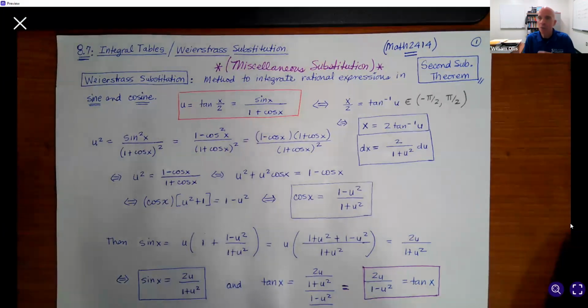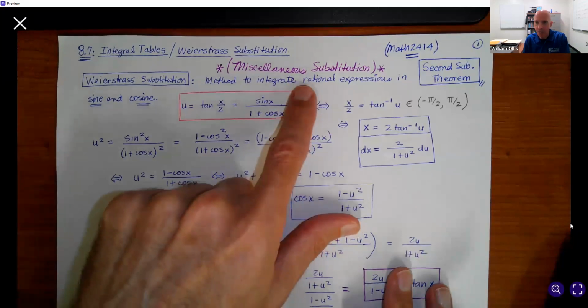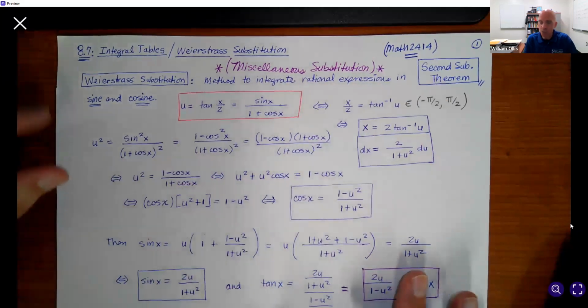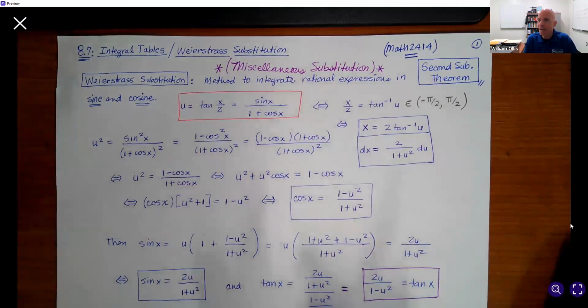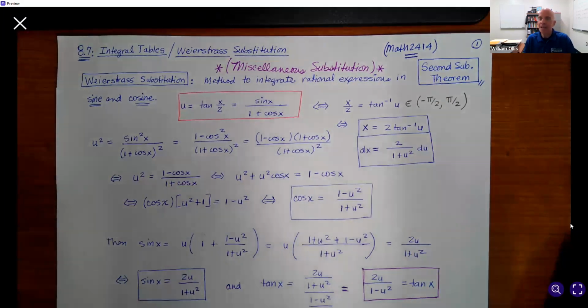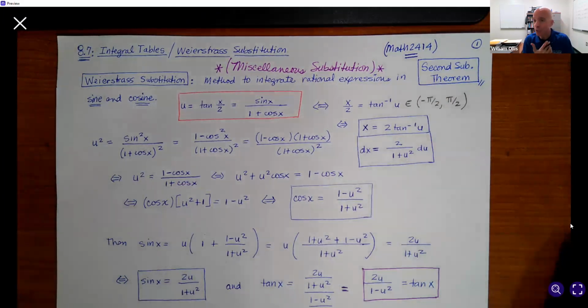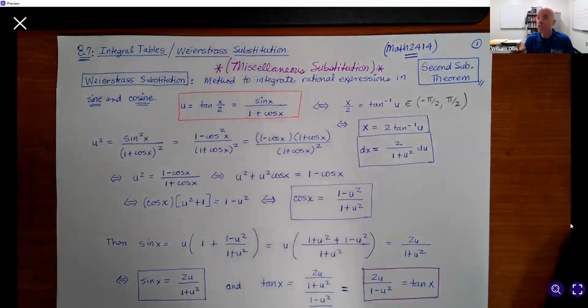And so if we think of the second substitution theorem, that means we have to utilize the inverse function. That is the mechanism that allows us to transform the integrand into the new variable and hopefully a simpler integrand that we can analyze.